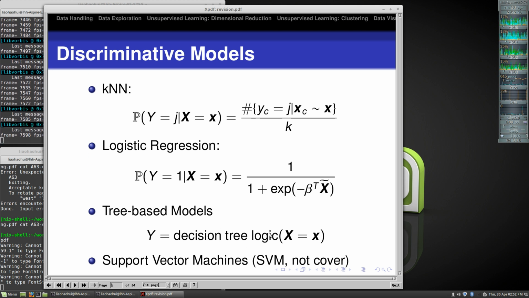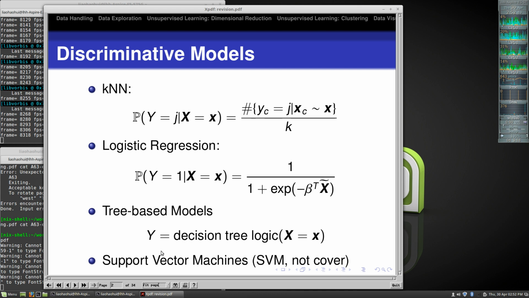Tree-based model: because we directly check the data, just based on the data itself we determine y. Purely based on this, we can decide what the output should be, so it's a discriminative model.